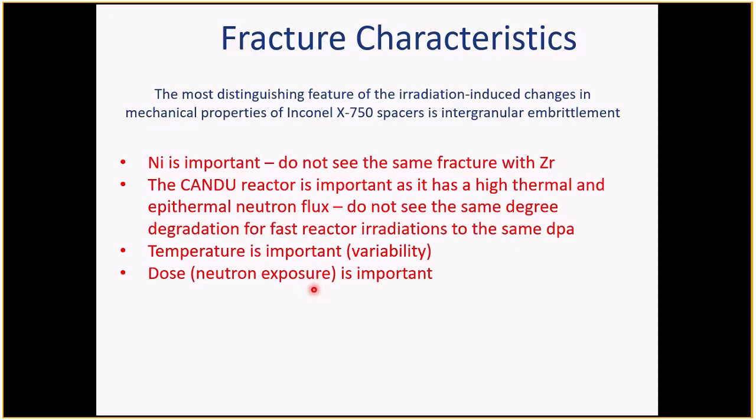So the industry was never geared or inclined to worry too much about embrittlement of nickel alloy components. Certainly the US industry, because they didn't have nickel alloy components in any major structural components that had to survive for very long.